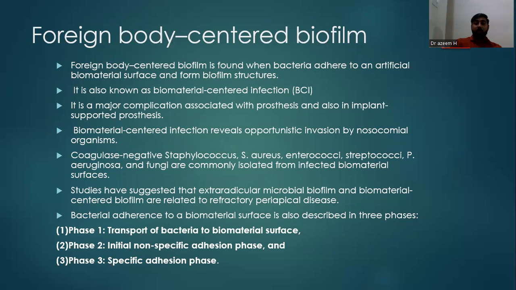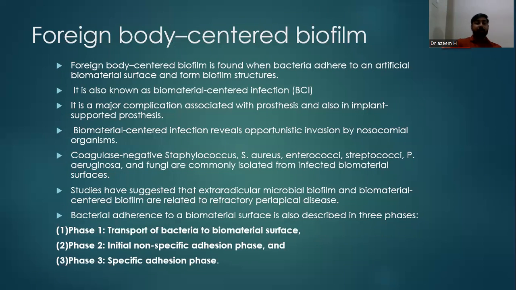Biomaterial-centered infection reveals opportunistic invasion by nosocomial organisms. The common organisms found are coagulase-negative Staphylococcus, S. aureus, Enterococci, Streptococci, P. aeruginosa, and fungi. Studies have suggested that extraradicular microbial biofilms and biomaterial-centered biofilms are related to refractory periapical diseases.